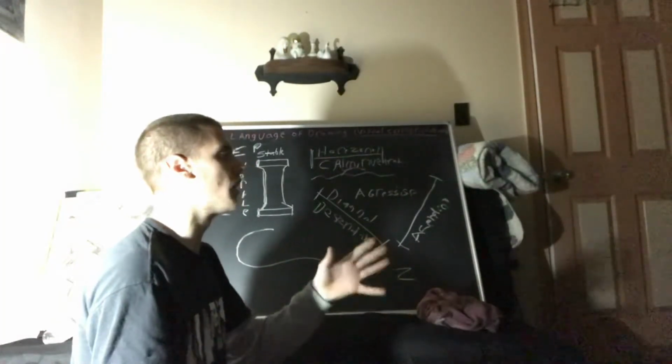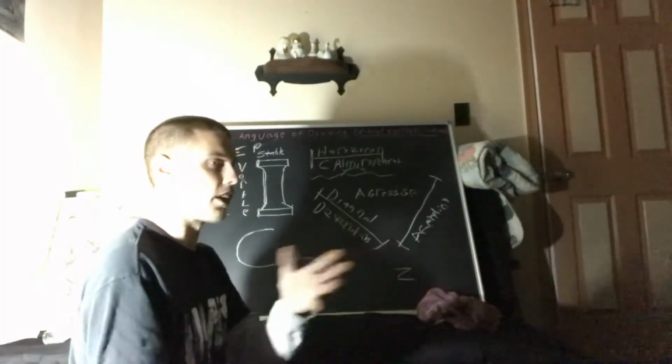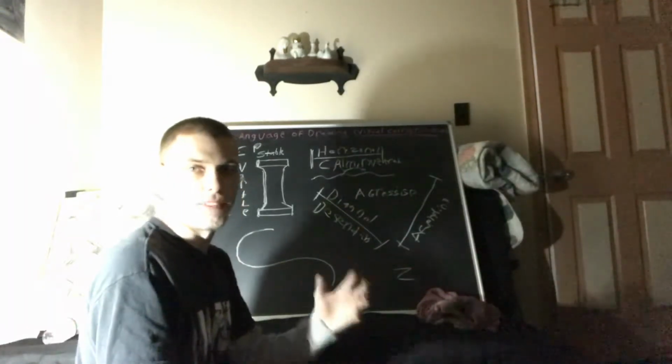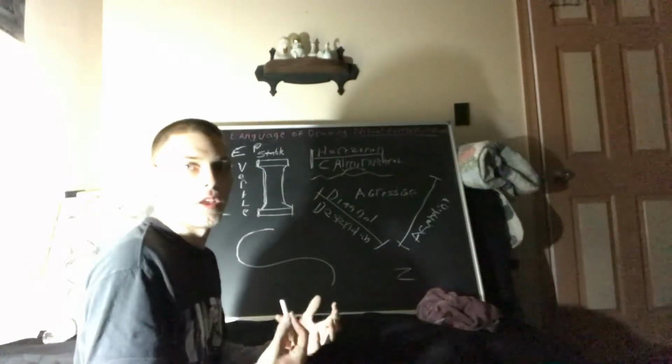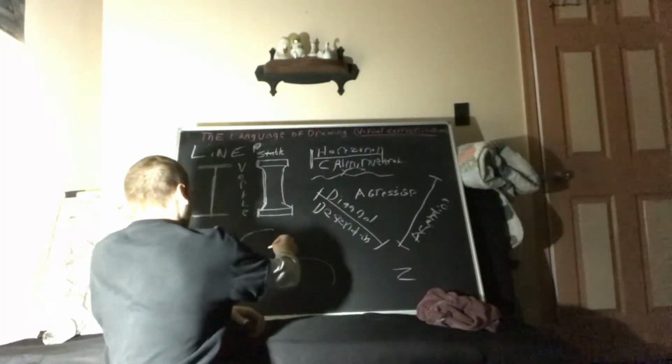Like tables have lines. Tables are very straight edged, right? Buildings are very straight edged. That's a man-made concept, but the curve is a mother-made concept, if that's making sense.